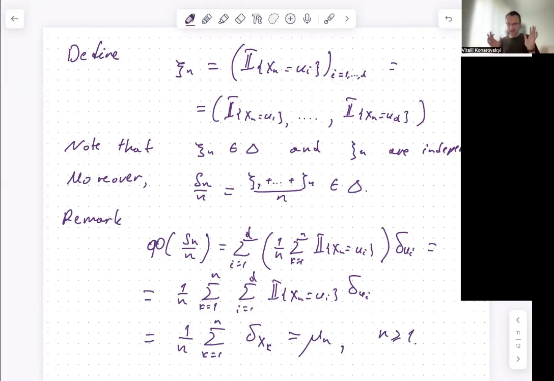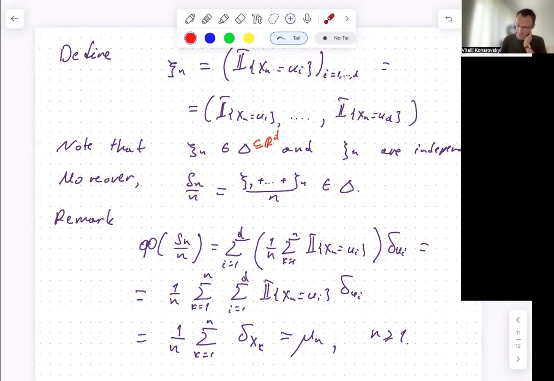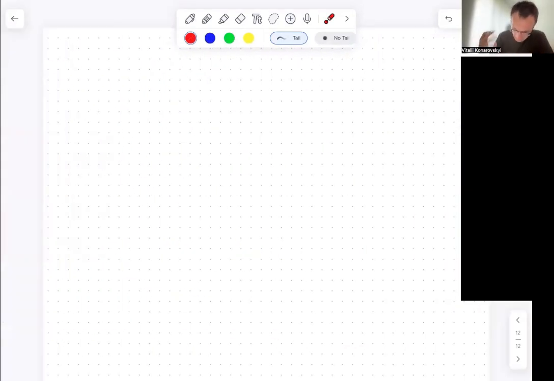Okay, very nice. Now we have independent vectors which take values in this space delta, which is actually a subset of Rd. And moreover, this function phi applied to the empirical mean gives mu n. Therefore, now to prove the large deviation principle, let's collect everything together and make clear what we want to do next.